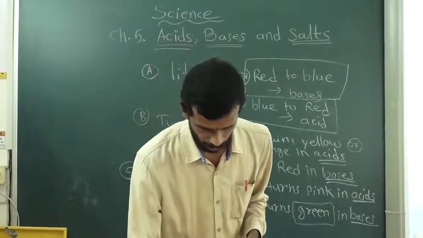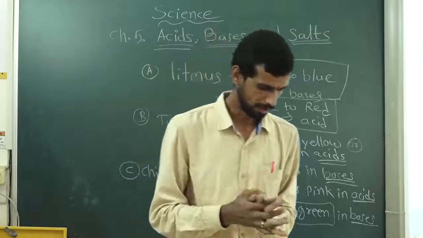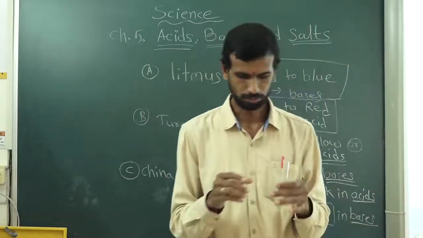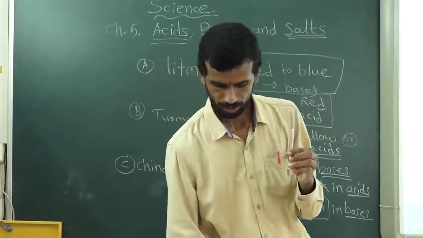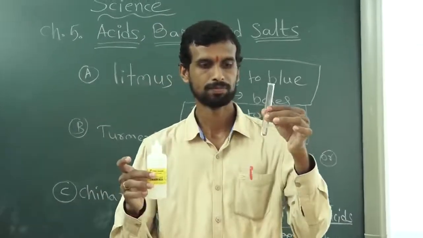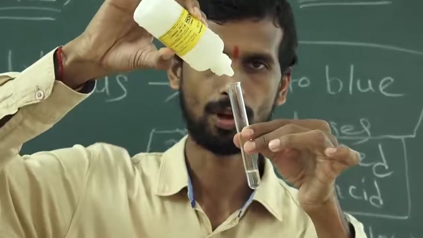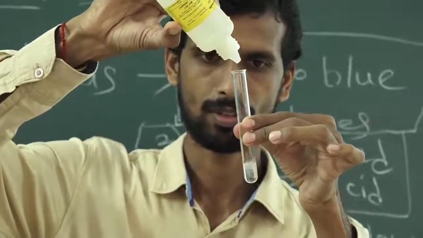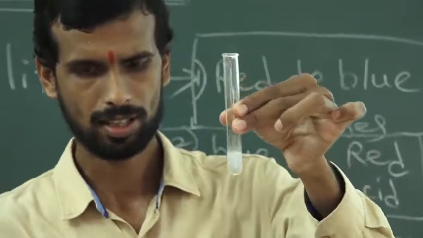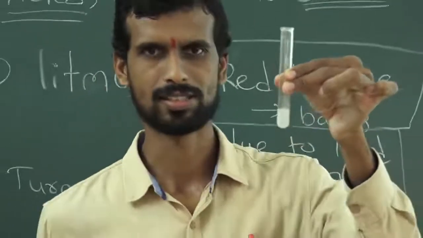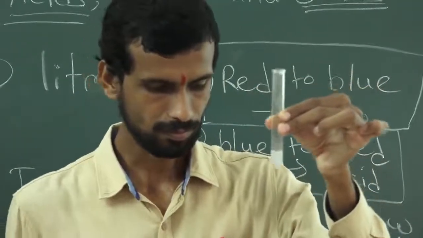Okay. Now, today I will show you one artificial indicator. So this is one substance, this phenolphthalein indicator. I am putting some drops of phenolphthalein indicator. Any change? There is no change, it is as it is. Okay.